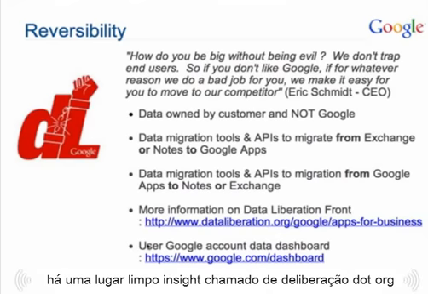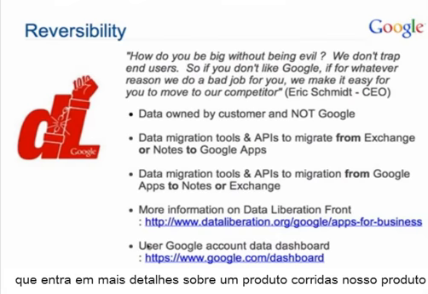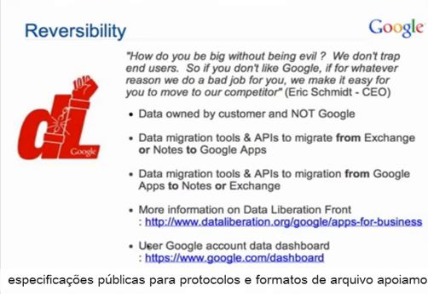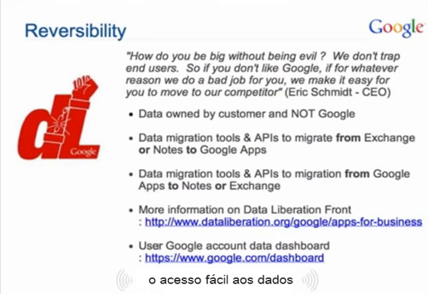There's a playfully named site called dataliberation.org, which goes into more detail on a product-by-product basis of which public specifications for protocols and file formats we support in order to facilitate your easy access to data on demand.